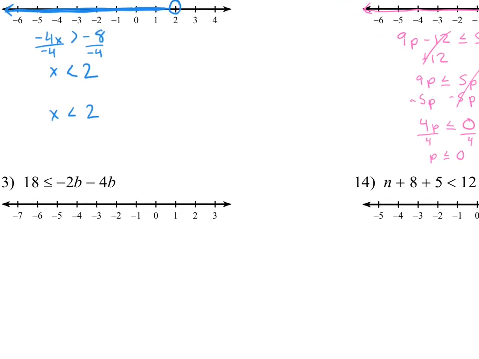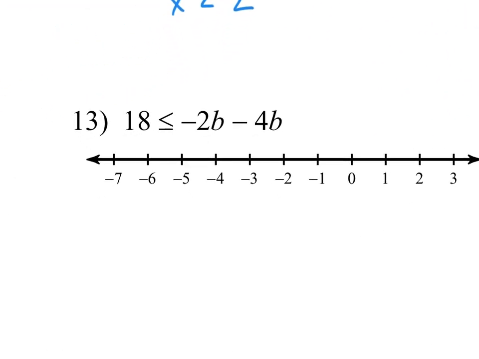All right, let's look at 13. What do we do first here? Subtract 2. So we subtract the negative 2 and the negative 4. So we have 18 is less than or equal to, what is negative 2b minus 4b? Negative 6b.